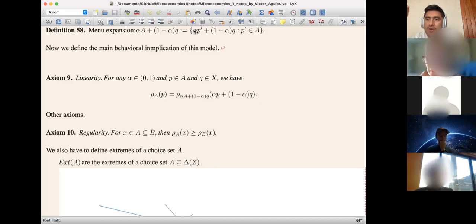Now, as you add Y to the menu, so you have X and Y, there will be some rankings that have Y over X, so part of the mass moves, and the probability of choosing X will be less than or equal to 1. If you now introduce a third alternative, X, Y, and Z, then again there will be some rankings that have Z above X. Hence, the probability of choice can only go down weakly.